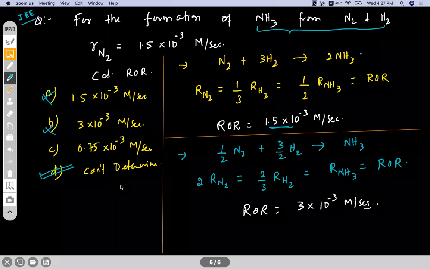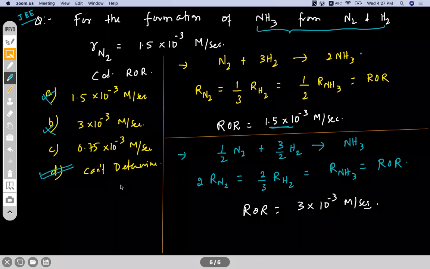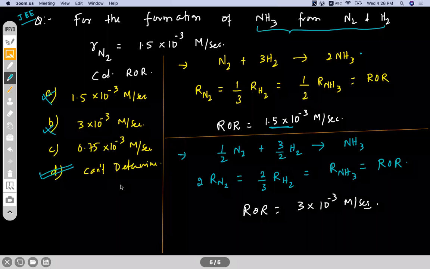But the rate of any individual species we can determine without knowing the reaction.